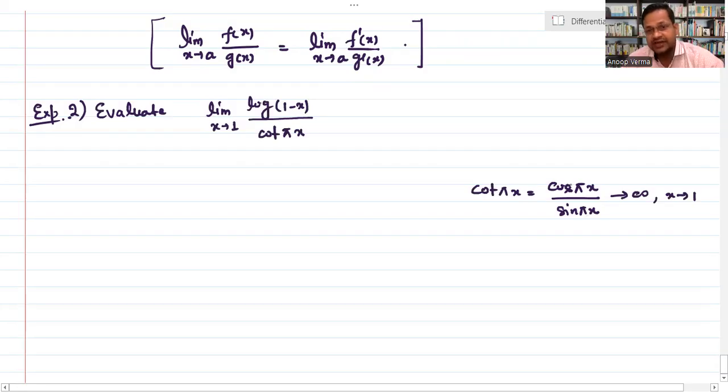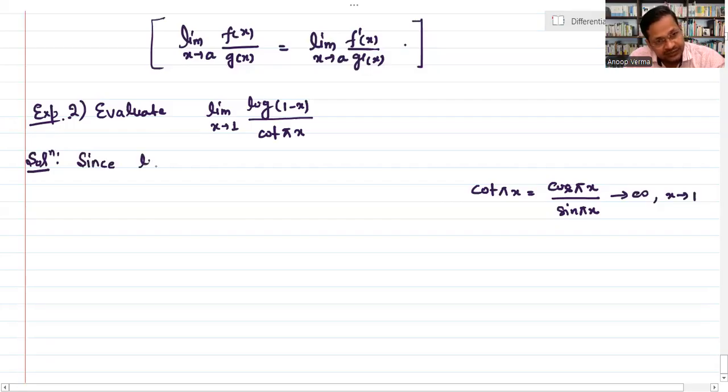So it will be equal to infinity. Next we will talk about log(1 minus x). It will also be tending to infinity when x is tending to 1. So when you are going to write the solution, you can write here, since this limit is of the form infinity upon infinity.